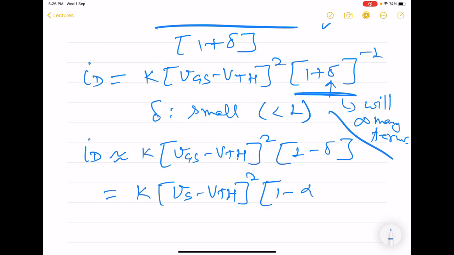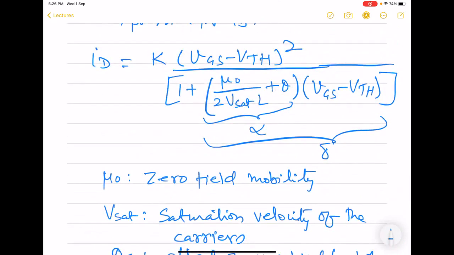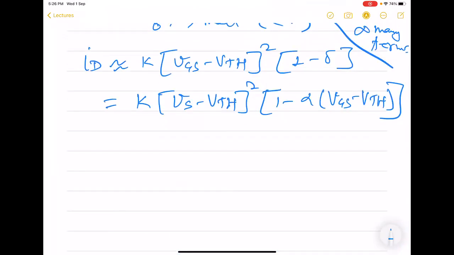So delta is alpha into (VGS minus VTH). So the first term here is alpha multiplied with (VGS minus VTH). So here, let me emphasize that VGS is a time varying external input with the DC bias.